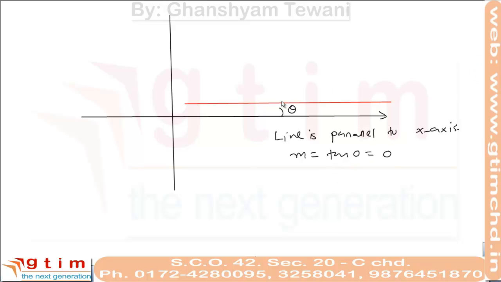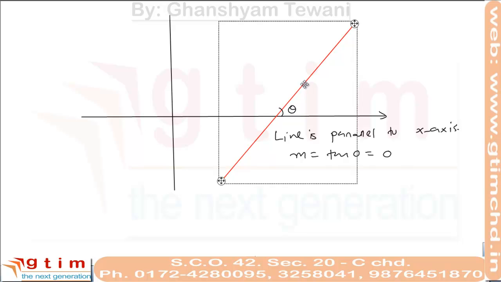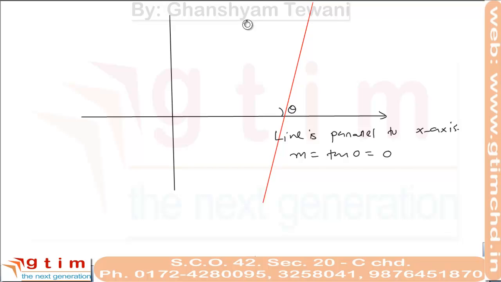Now when the line is rotating like this in the anti-clockwise direction, the value of theta increases, that means slope is increasing. When the line is perpendicular to the x-axis or parallel to the y-axis, this angle is what, 90 degrees.